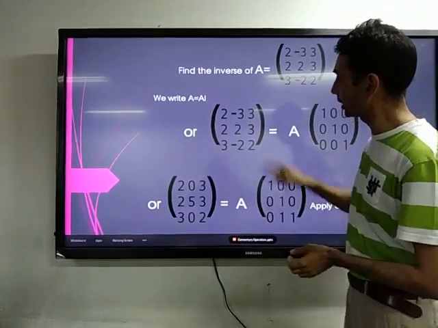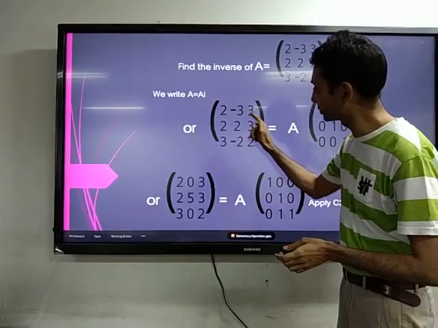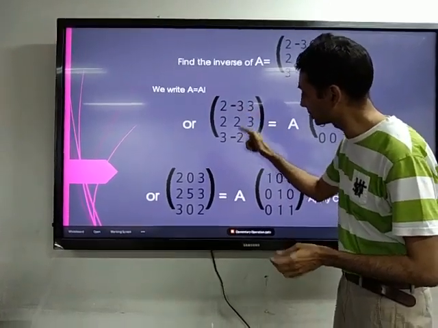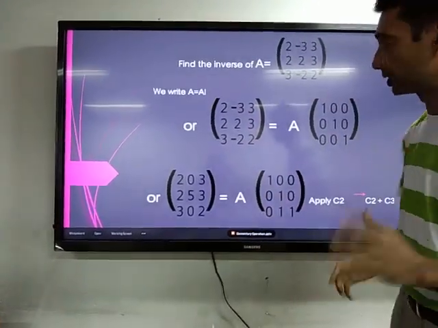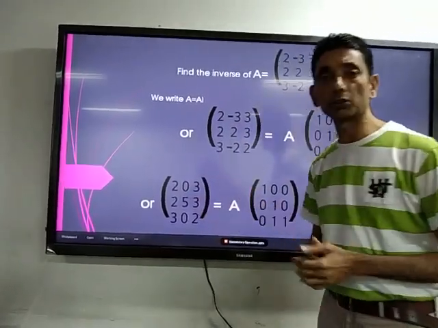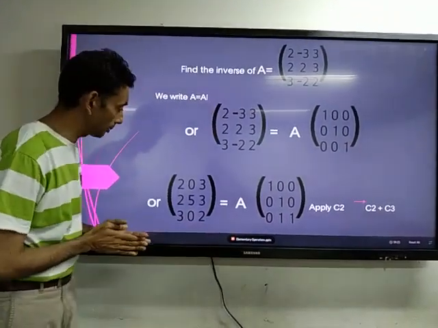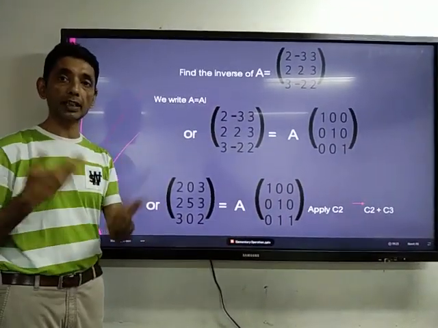Students, you should know why we started with this step. All non-diagonal elements you need to make 0. So if we simply add these 2 columns, out of the 3 numbers you get 2 numbers as 0, and you get a 5 here, which will also give you an advantage for the next step. What could the next step be?